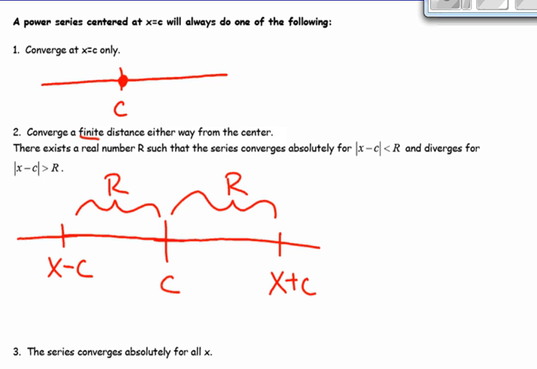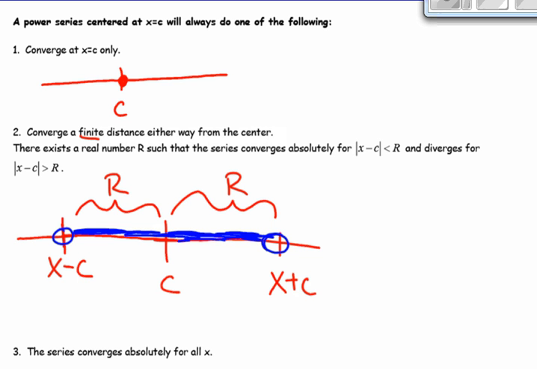Then it would converge from x minus c to x plus c. Think of this like an inequality, like when you graphed inequalities in middle school: the set between x minus c and x plus c. Everything shaded in blue is going to converge.